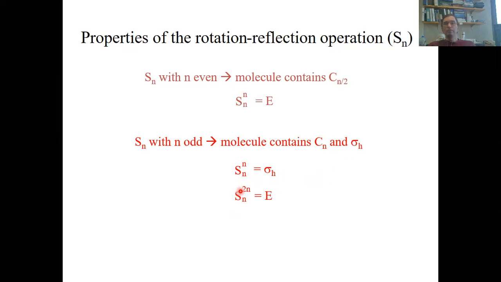We need to carry out the symmetry operation 2n times to produce the identity. So for instance, if n is equal to 3, we would need to rotate reflect 6 times. If n was equal to 5, we would need to rotate reflect 10 times.